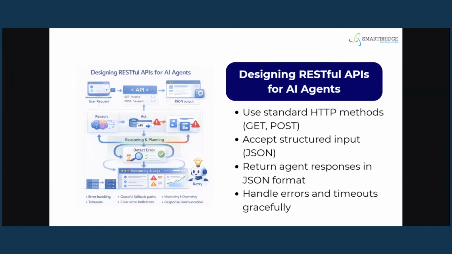So REST APIs ensure clear communication between systems by using structured input, predictable responses, and graceful error handling. Okay.